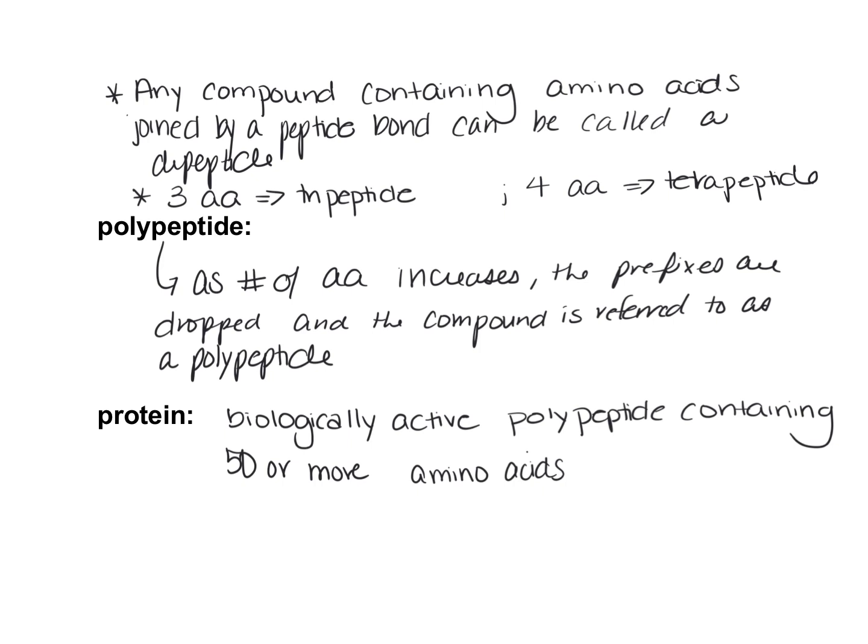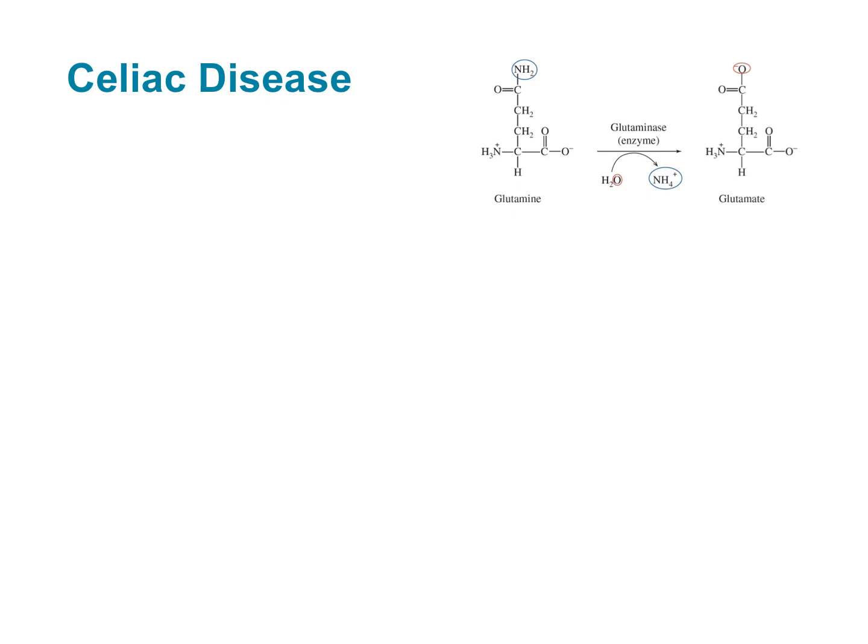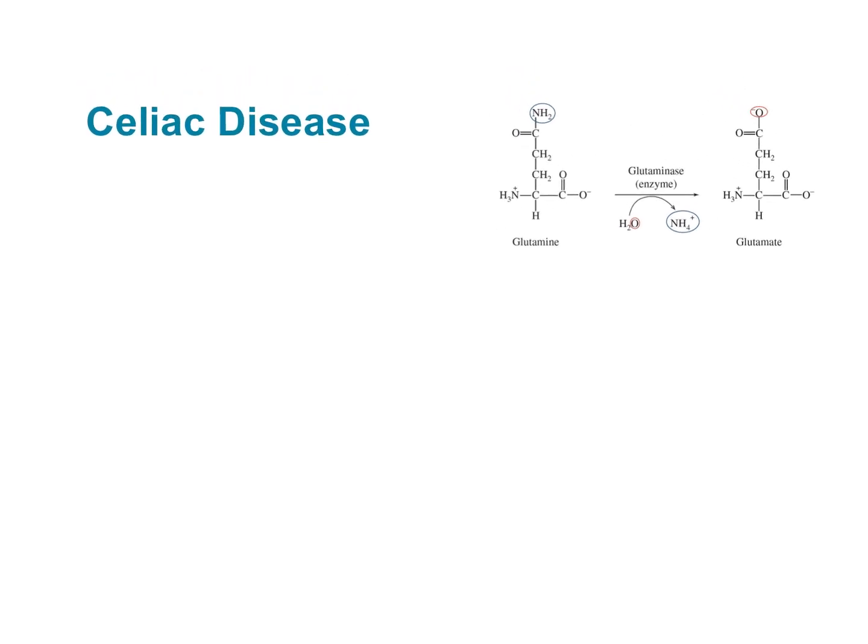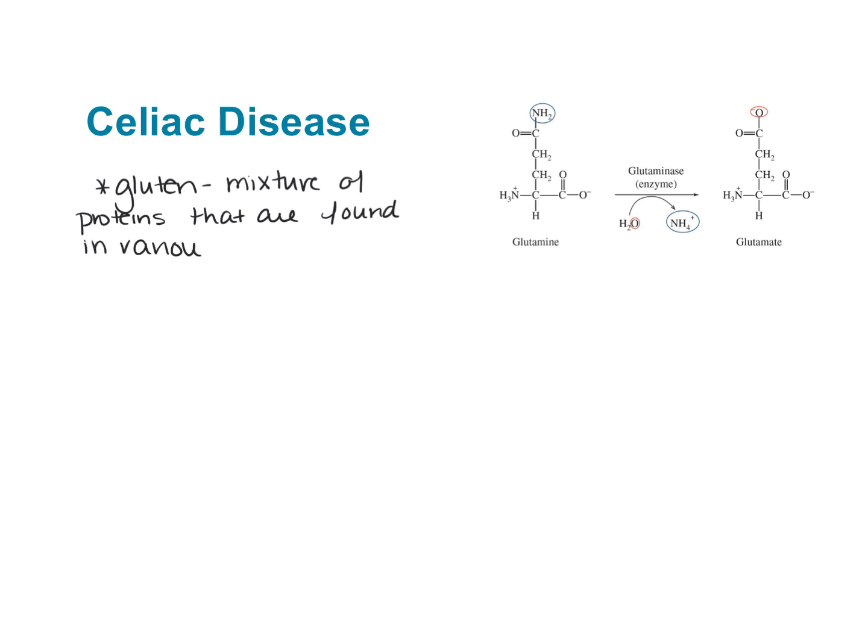Now, let's talk about proteins and amino acids and some applications of this. So a substance called gluten, right, is a mixture of proteins that are found in various grains, including wheat, right? So they're found in various grains.